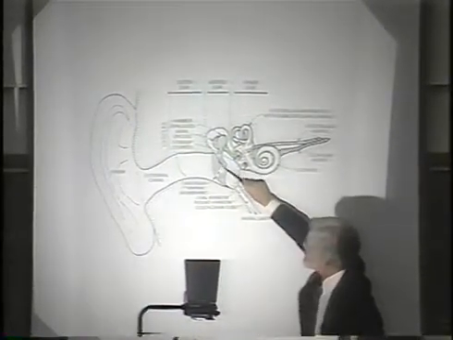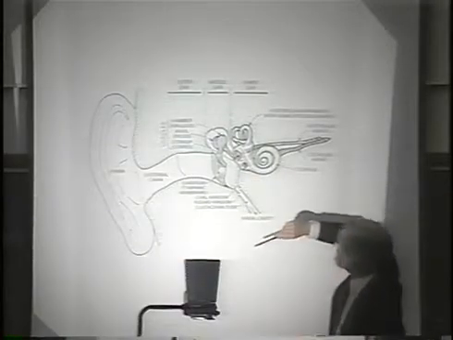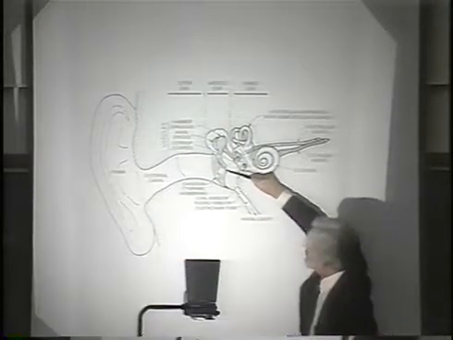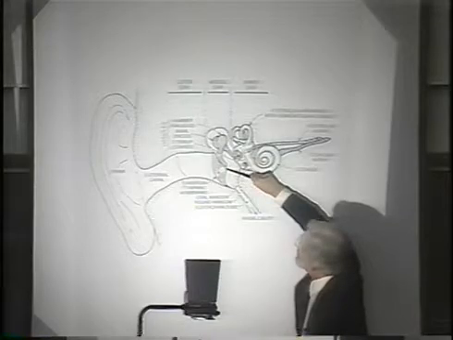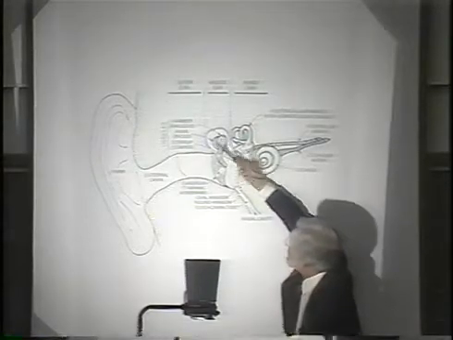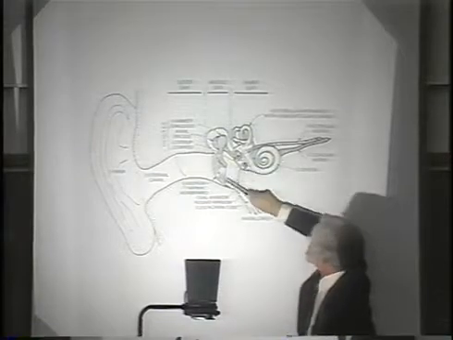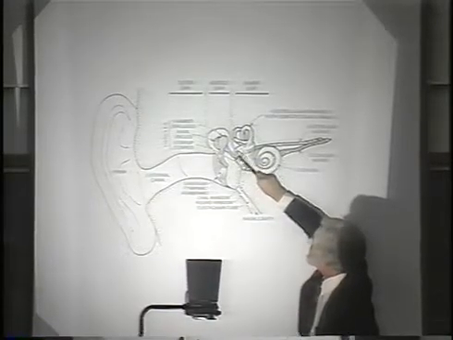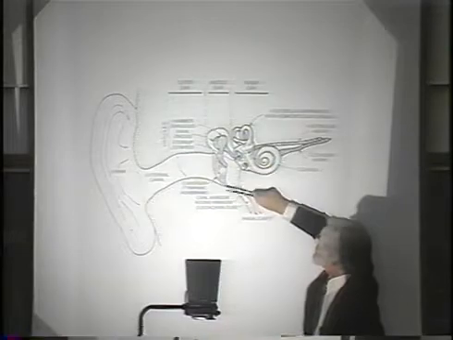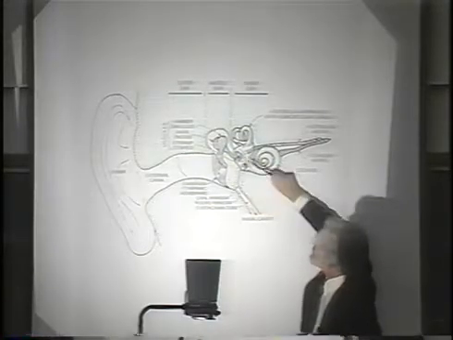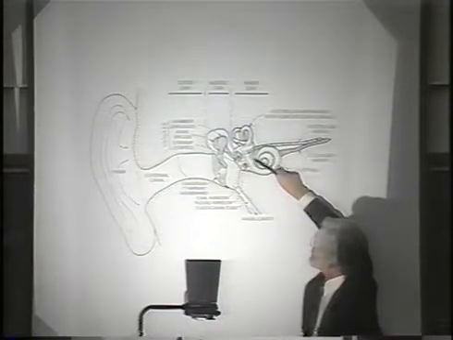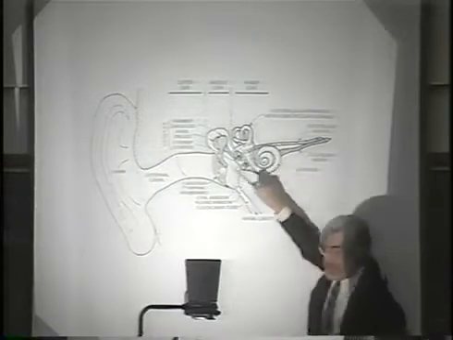That's attached at this point called the umbo, which we're going to refer to in a little while. And that umbo is on the malleus, which is then connected by another bone to the stapes. And the stapes, as it vibrates back and forth, acts as a kind of piston which creates pressure gradients inside this structure that sets up waves.